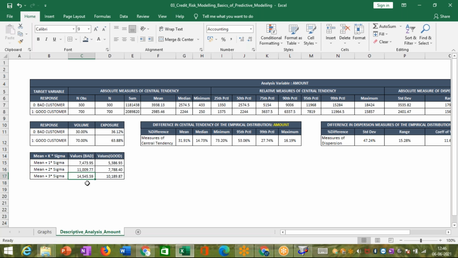Therefore, after the 97th percentile, all the values are outliers because they lie outside the plus minus 3 sigma zone. So the capping of the outliers must happen at the 97th percentile and not at the 95th or 99th. That's how we identify the outliers for both categories.